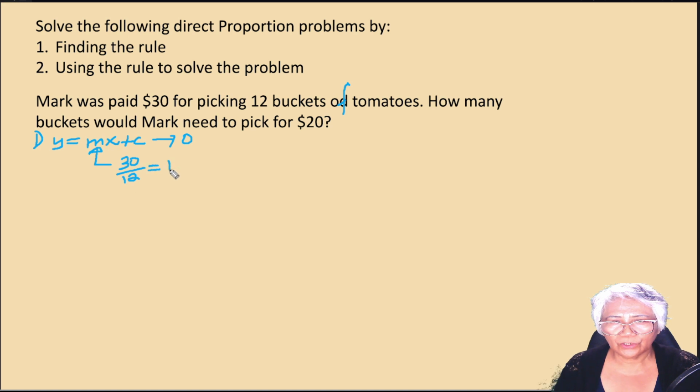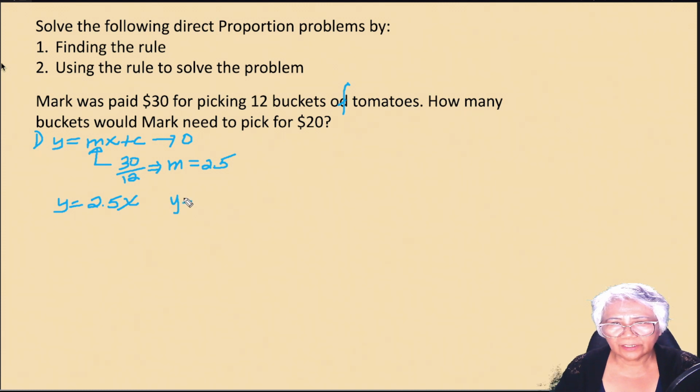So your m now would be equal to 2.5. Okay? So your equation now, or the rule, should be equal to y equals 2.5x.